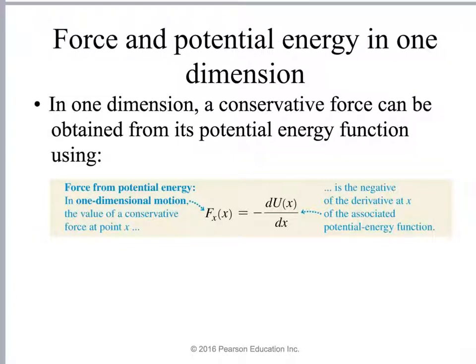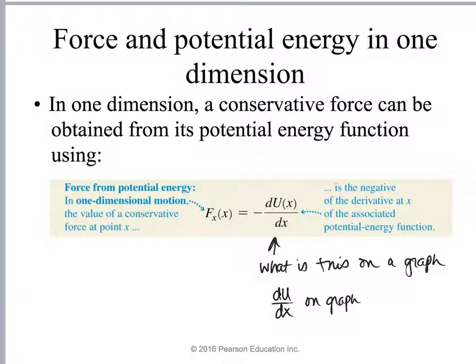And so we have this relationship that the force is minus the derivative of the potential energy function with respect to x. Keep in mind, what would this look like? What is this on a graph? dU/dx on a graph of U versus x would just be the slope.